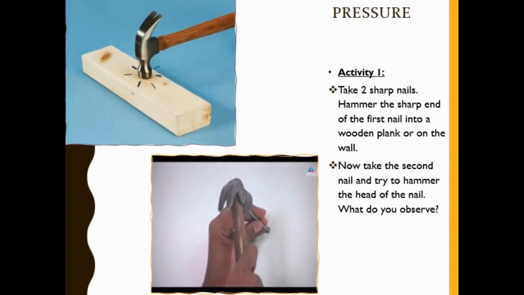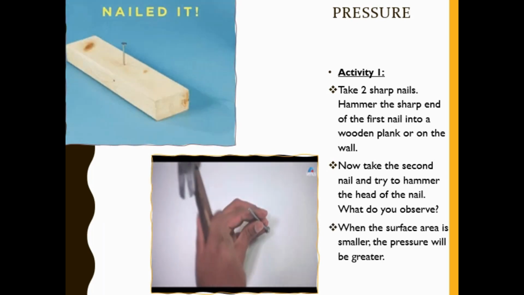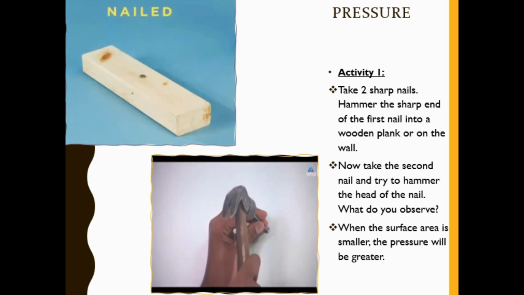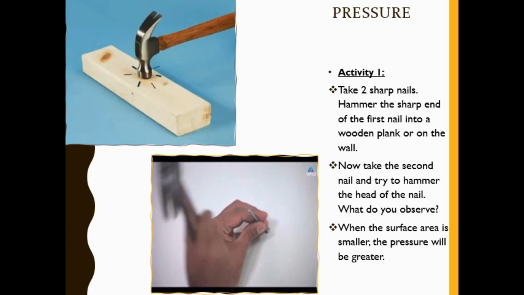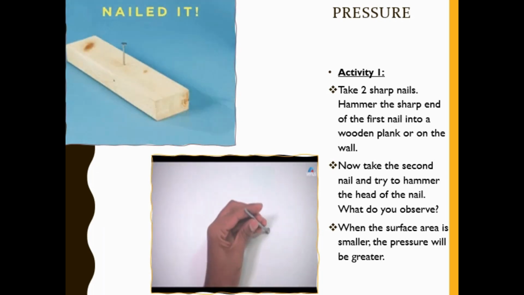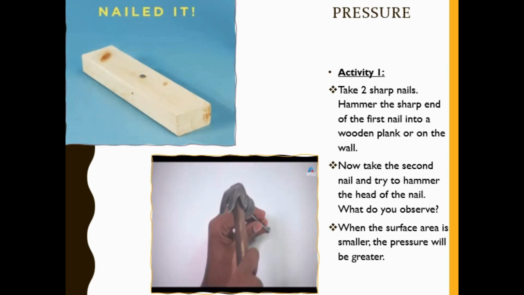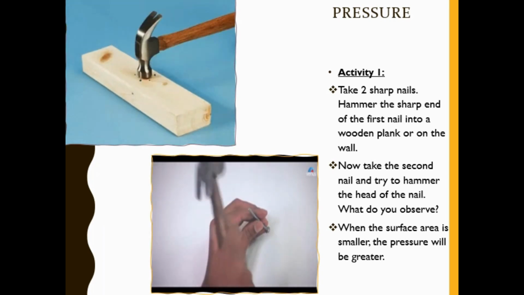No. Why so? Because if you see both the cases, in the first case, the nail has a sharp edge. The surface area is very, very less. If the surface area is less, the pressure is greater. So the nail gets into the wooden plank very easily.